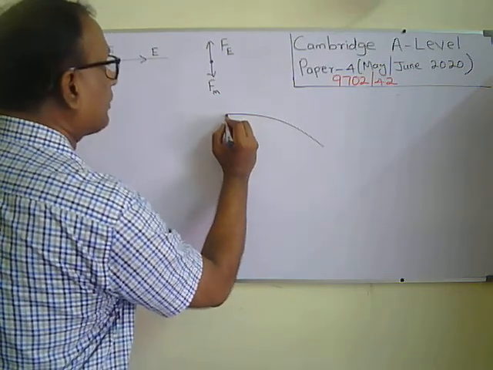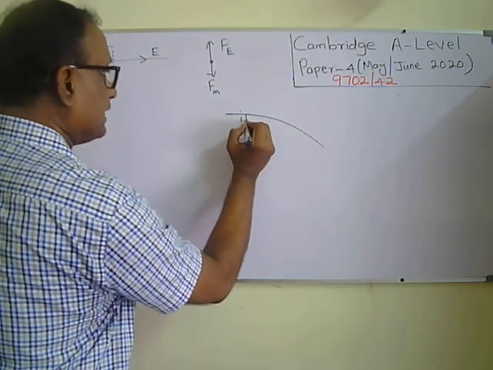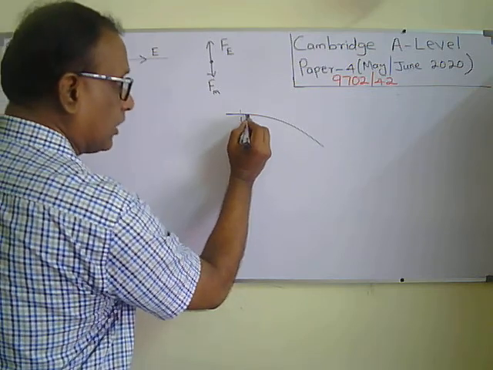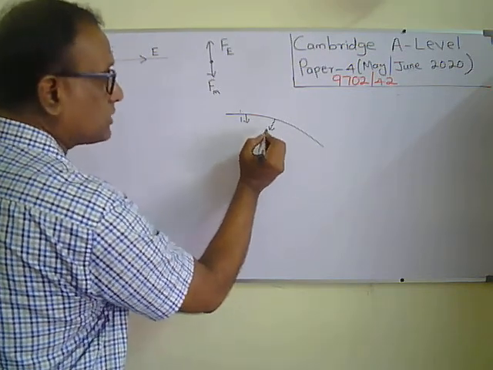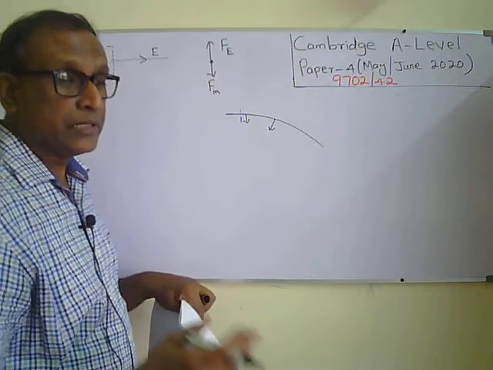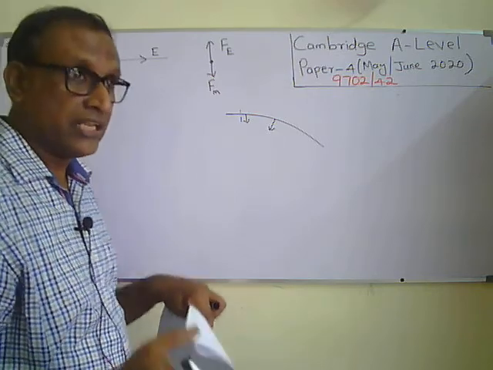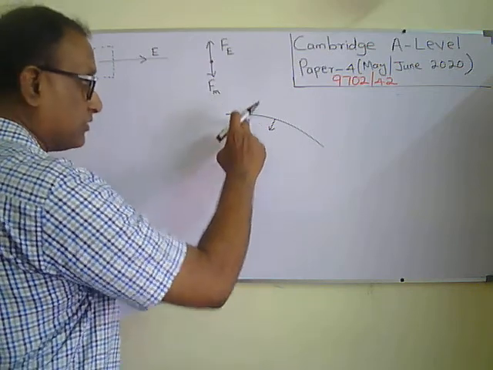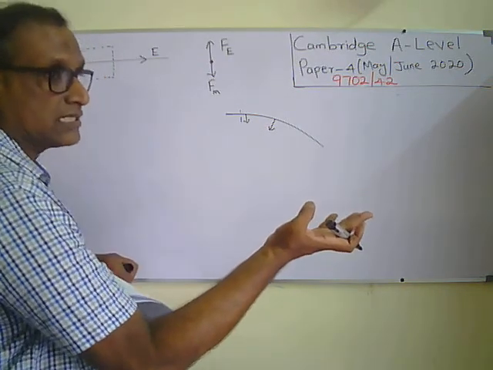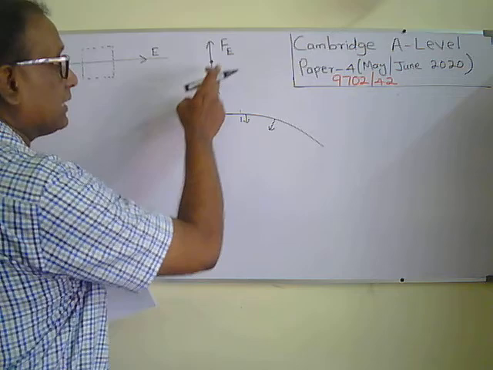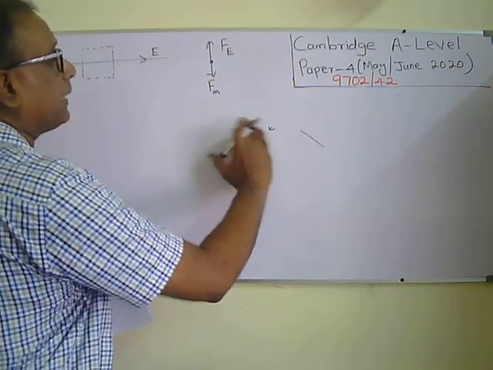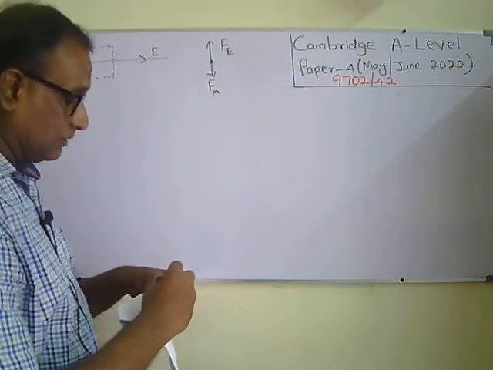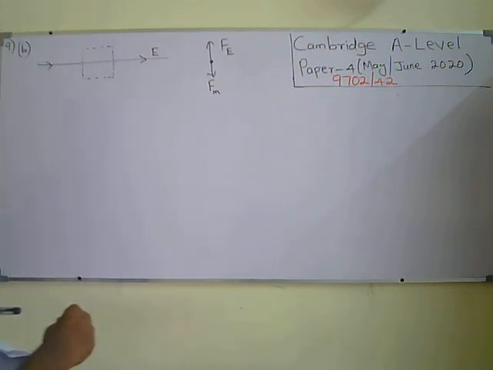So when it enters into the magnetic field, initially it's experiencing force vertically down, and every time the magnetic force is acting perpendicular to the direction of the velocity, right? So when it enters, at that moment the magnetic force is vertically downwards. To balance it, the electrostatic force should be in the upward direction, then it will move without changing the direction of motion.